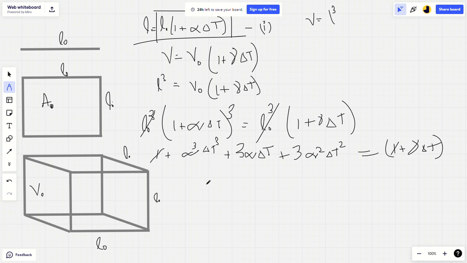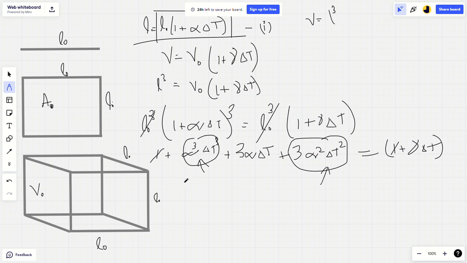Okay, so again in this case, like the last one, alpha cube delta t cube and 3 alpha square delta t square, the combined sum of both of them is going to be much less than 3 alpha delta t. So we are going to neglect their values here.